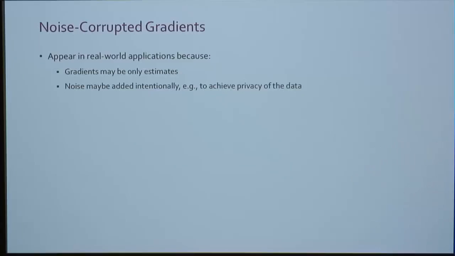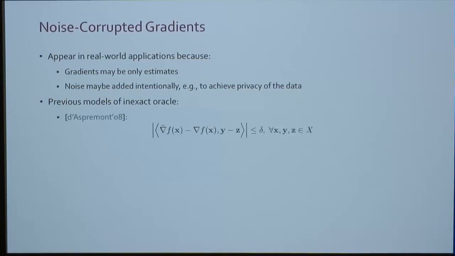One reason is you're not computing your gradient exactly, you're only estimating it, maybe from measurements or from the data. There are other applications where you may be adding noise intentionally in order to preserve the privacy of the data.